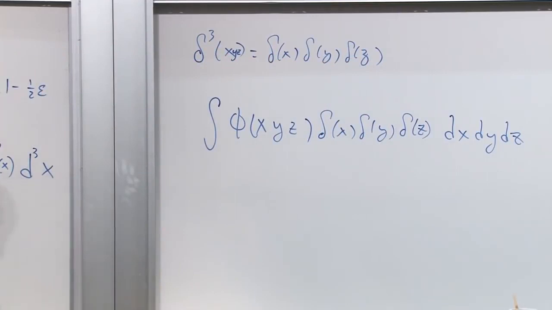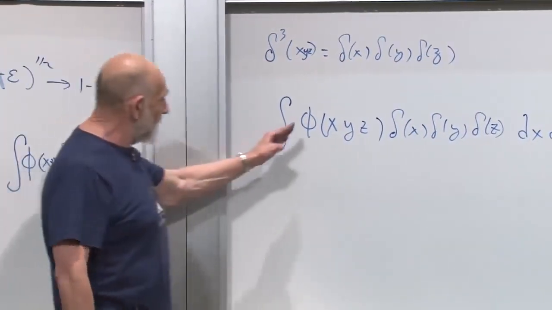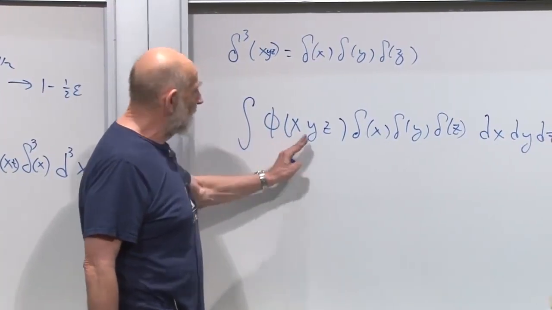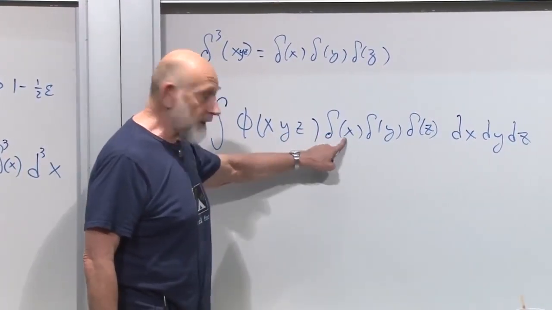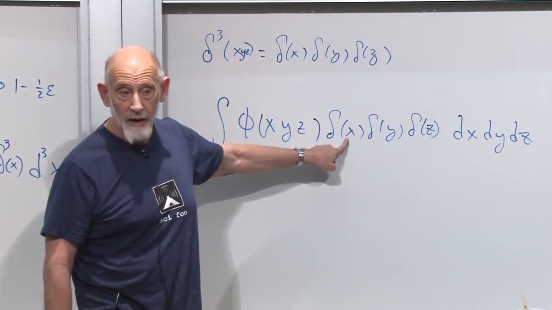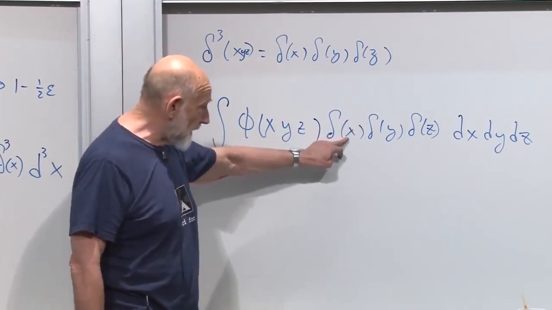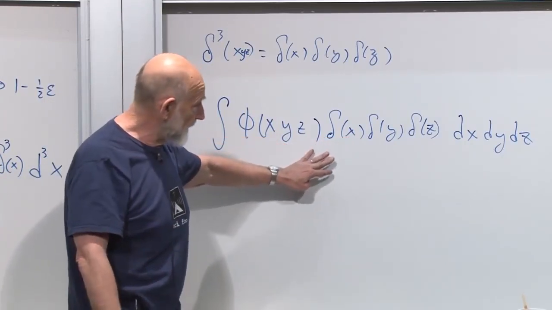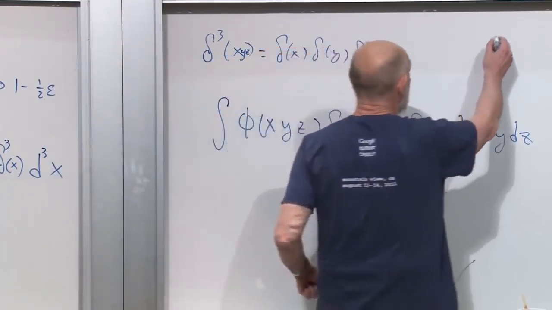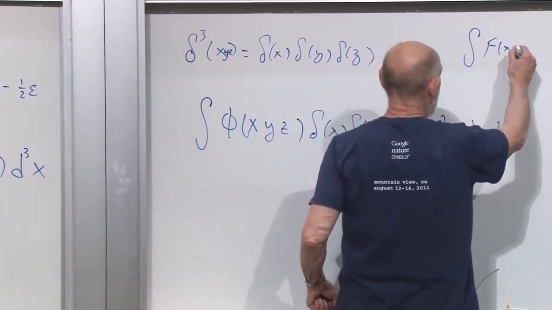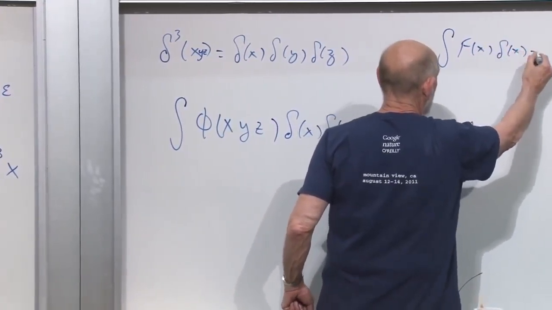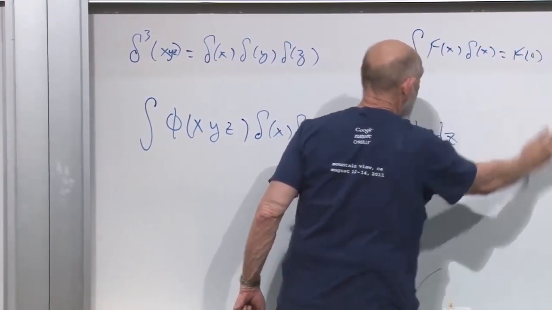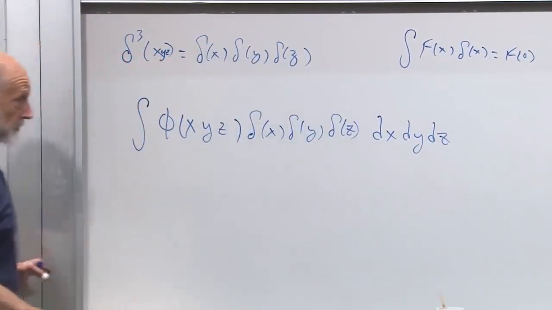All right, how do you do this integral? This is not a very hard integral to do. Remember, whenever you integrate a function with a delta function, it gives you the value of the function at the origin, or at the place where the delta function is big, where it has its spike. We're just using the equation: integral f of x, delta of x, equals f of 0. That's the defining property of the delta function.